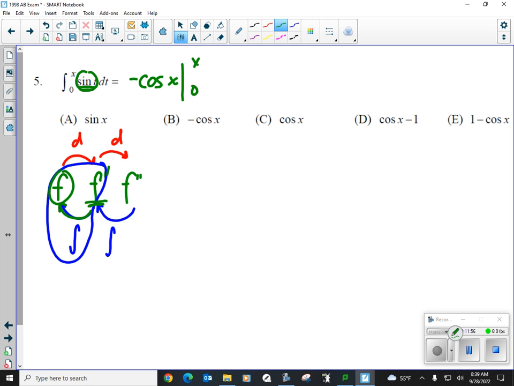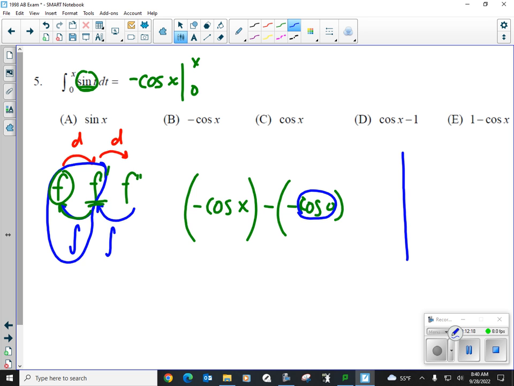So I'm going to plug in my x first. Negative cosine of, well, just x, minus negative cosine of 0. This is where it helps that you remember your values for trigonometry. The cosine of 0 is 1, this right here.